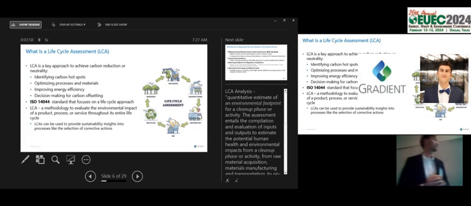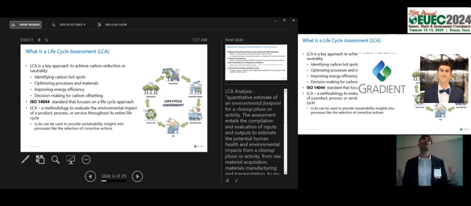All right, so just discussing life cycle assessments. As I said before, they're a key process to understanding carbon outputs and carbon hotspots in processes. As I mentioned before, the standard on this from ISO is the 14,000 series, which creates a standard methodology that I assume will only improve as life cycle assessments become more popular.